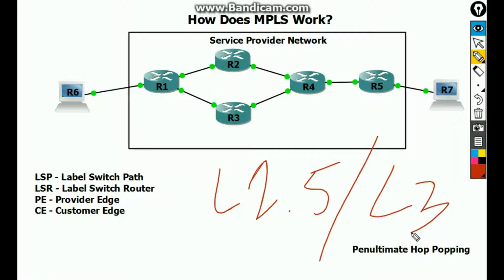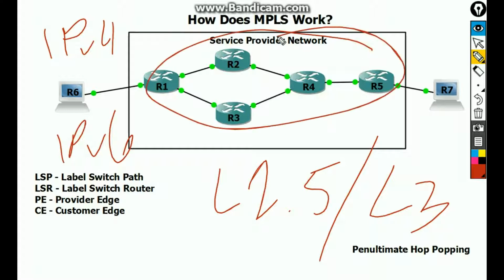Well, on my customer edge LANs, I could run IP version 4, which we all know, or I could run IP version 6, and the service provider network doesn't care, because all it cares about is this label that MPLS puts on, called a forwarding equivalence class, or FEC. But in this video, FECs are going to be IP networks, and I'll show you what that is.